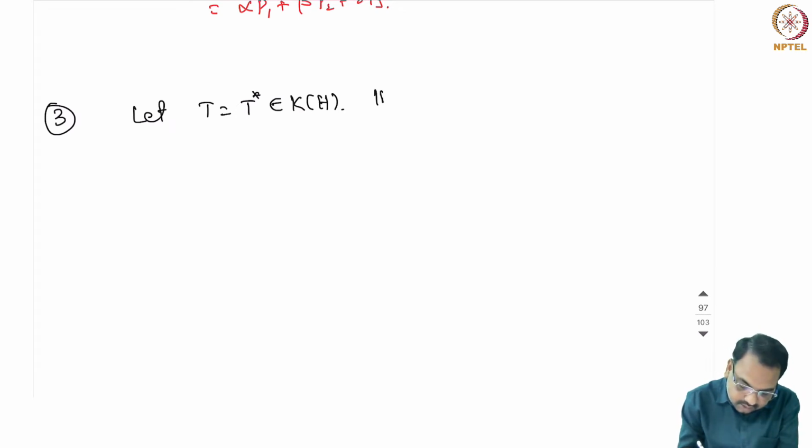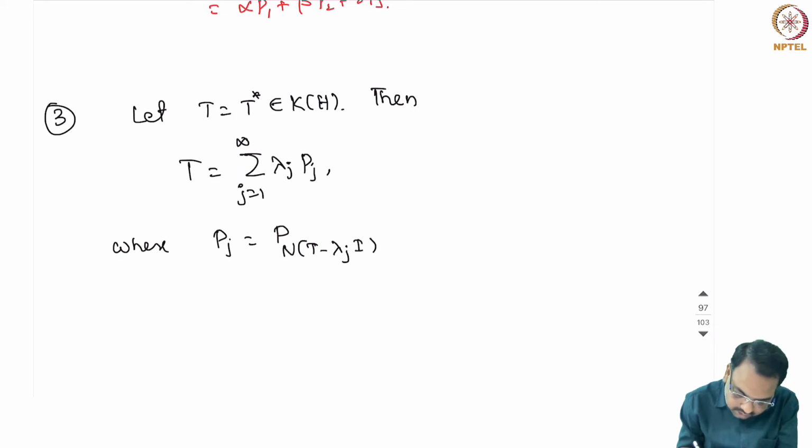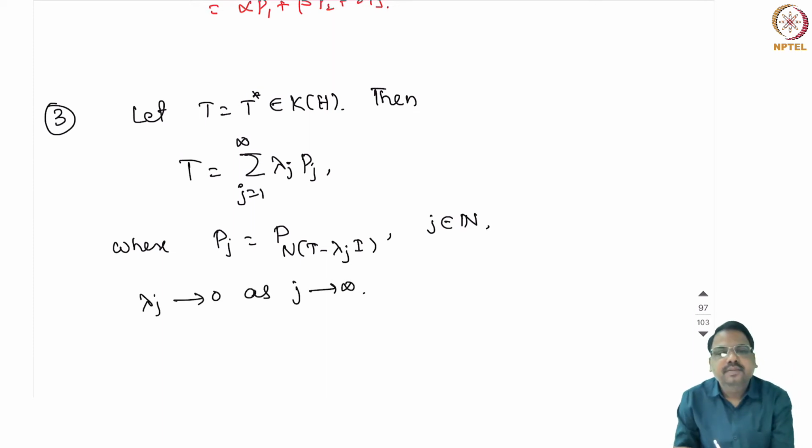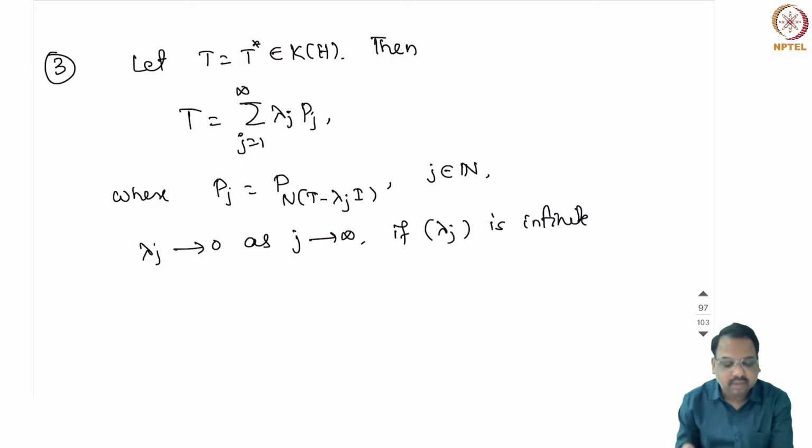Then we know that T can be written as the summation lambda j pj, j equal to 1 to infinity, where pj is the orthogonal projection onto the null space of T minus lambda j, and lambda j goes to 0 as j goes to infinity, provided the lambda j's are infinite. And we know that the operators on the right hand side converge to T in the operator norm.